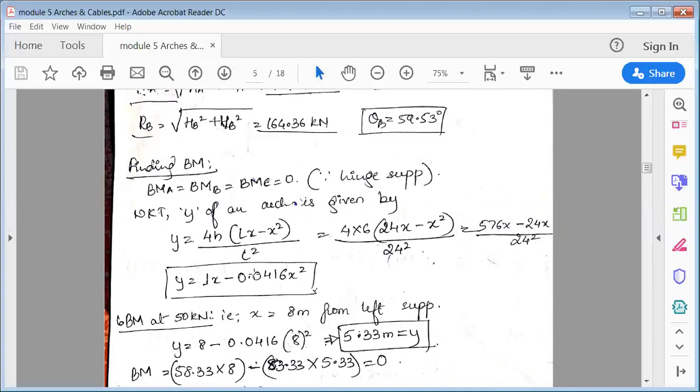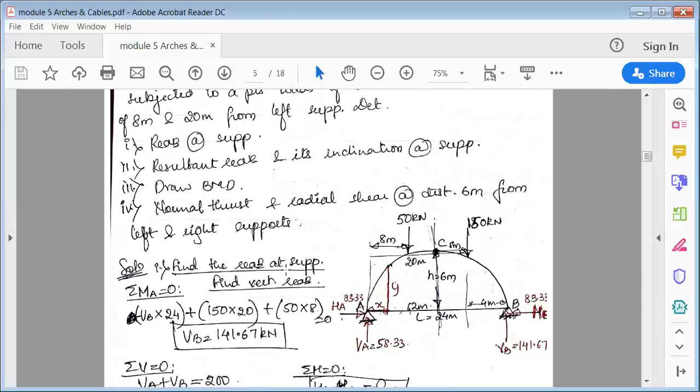Now we have to substitute all the values here. First, h is the rise, so 4 into rise, which is 6, into 24, where L is the length of the arch, 24. Now x is a variable, so you can find y ordinate at any distance from 0 to 24.